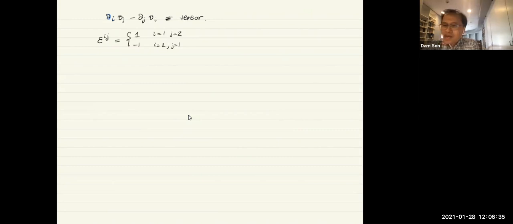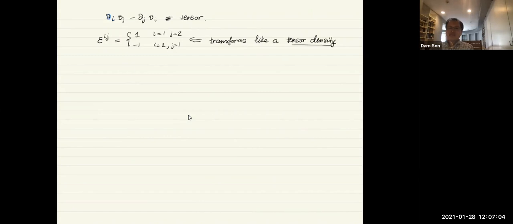Now this I'm going to just leave out as a check that you can do on your own. This transforms like a tensor density.